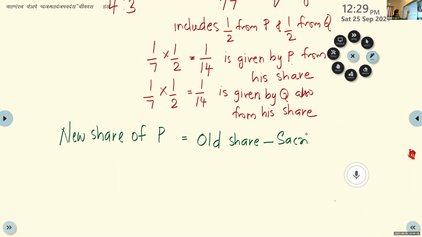Why? This is the sacrifice. 1/14 is given. Okay. So how much is the old share? 4/7 minus 1/14.